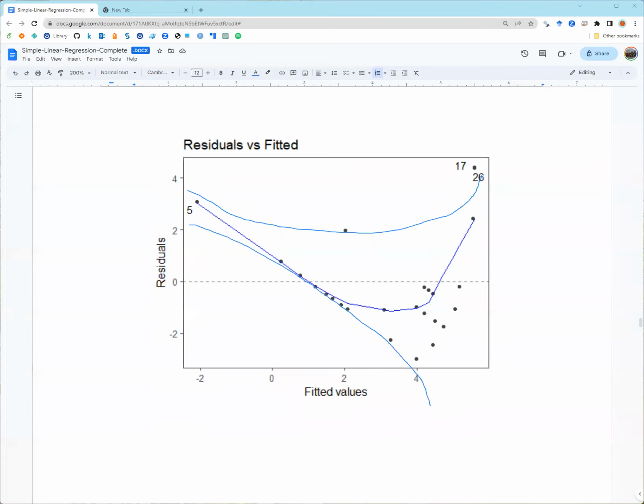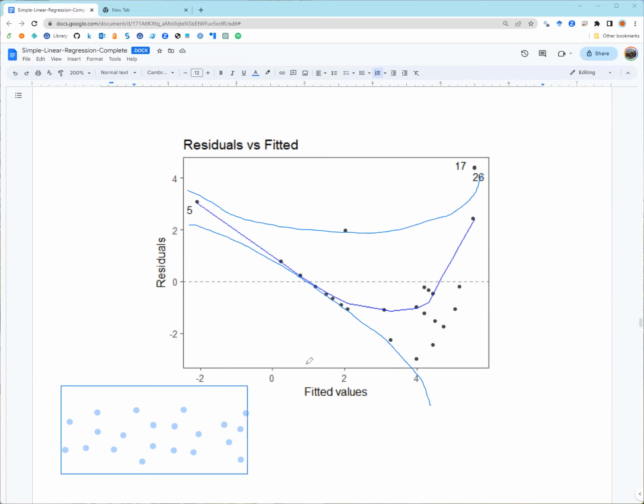What would it look like if it were met? If the homoscedasticity assumption were met, we would expect the points in the plot to look more like something like this, where when you look at the vertical spread top to bottom, it's similar as you go left to right on the plot.